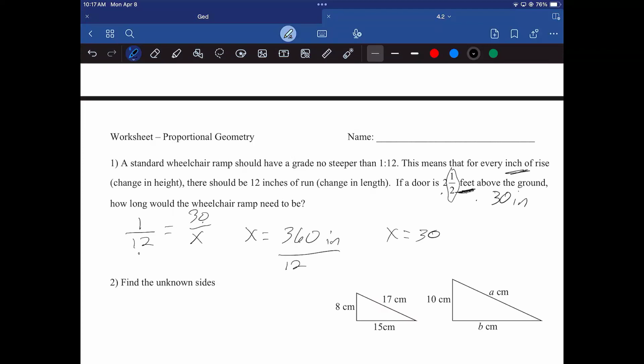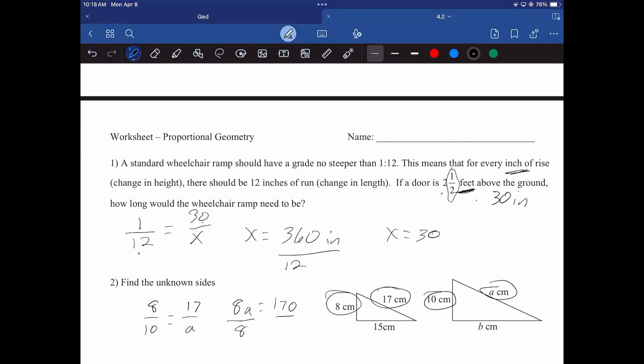All right, on this one, what we're going to do is a this is to that relationship. So we have 8 is to 10, which is the same as 17 is to side A. 8 times A gives me 8A is equal to 170.